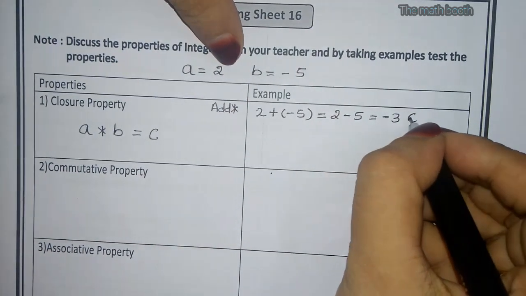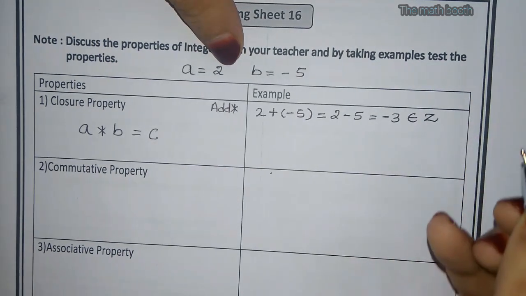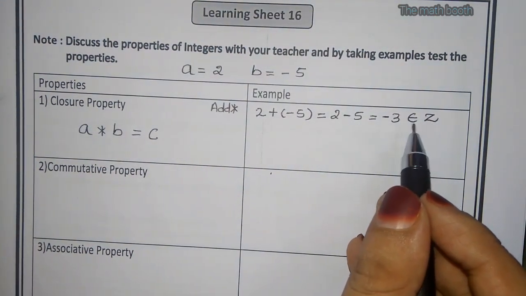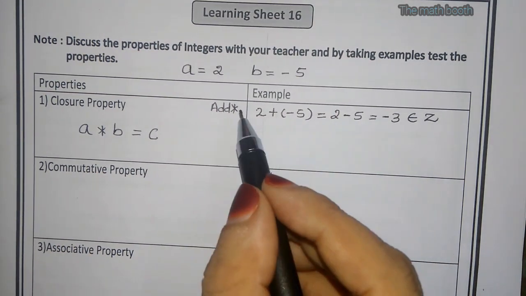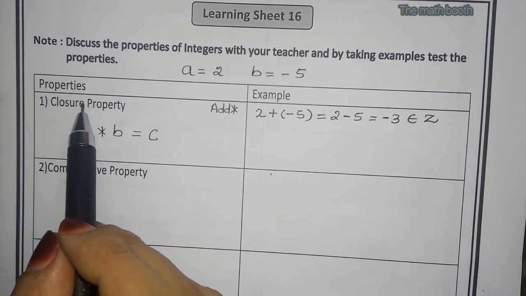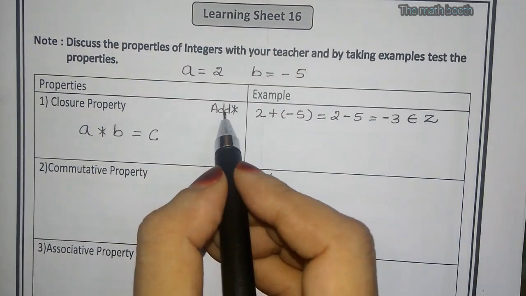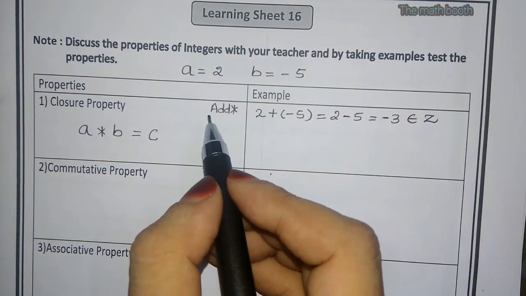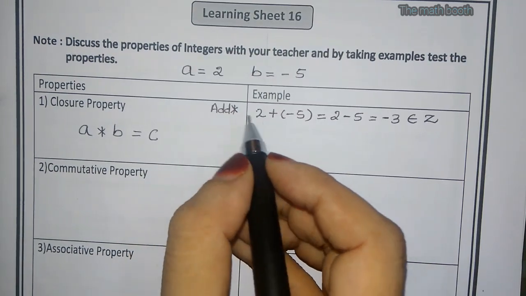It belongs to integers. So it satisfies closure property, it is closed under addition. We already learned on the previous page that it is closed for addition.